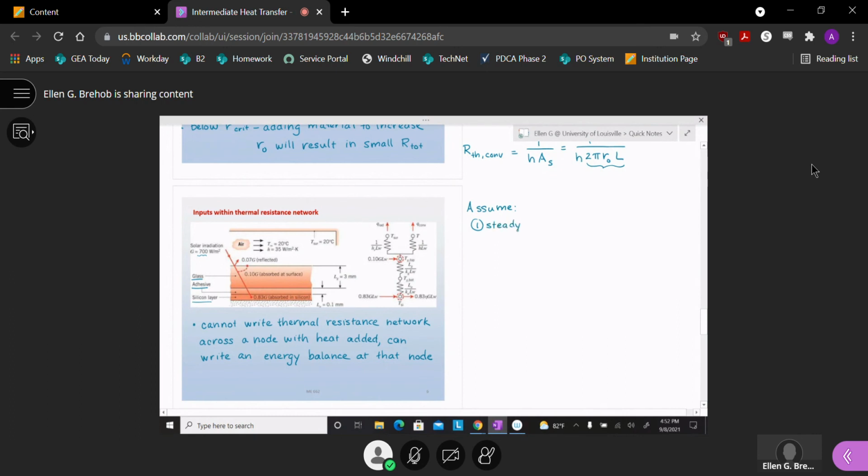That needs to be true. One-dimensional heat transfer. We don't have an x shown in here, but you're thinking about things that are changing in the x direction through this material. Constant properties.